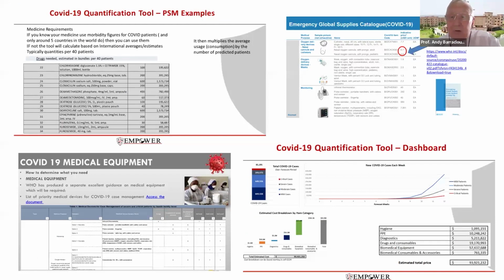Some of you may have already used the WHO COVID-19 Essential Supplies Forecasting Tool, which had a medicines list you can see on the left. It had the emergency supplies catalogue listing out the type of catheters that you needed for oxygen, lists of medical equipment, and then tracking and calculating how much you needed. How can we do those calculations without data? We used proxy data at the start.